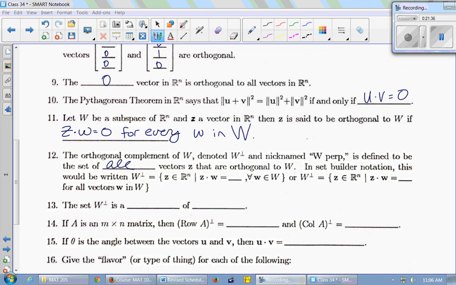If you take the whole collection of things that are orthogonal to an entire vector space W, we call that set W perp, the set of all vectors that are perpendicular to W.